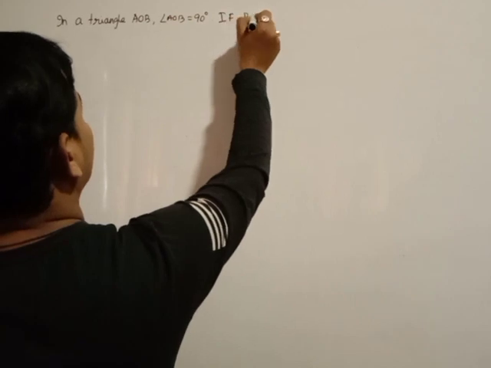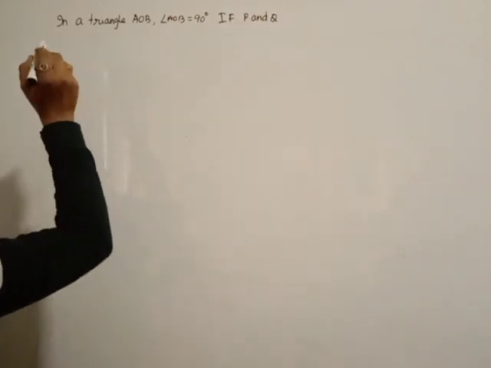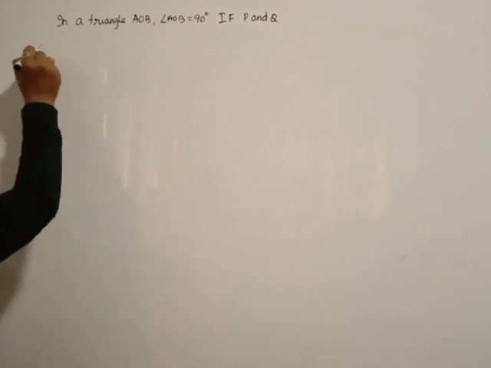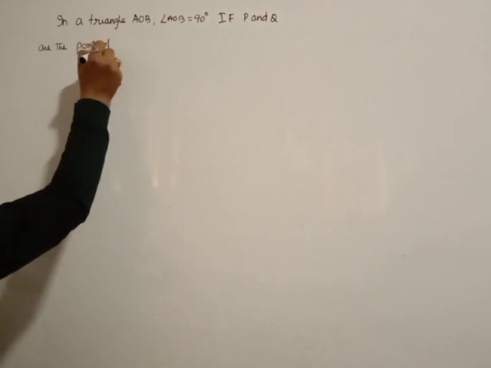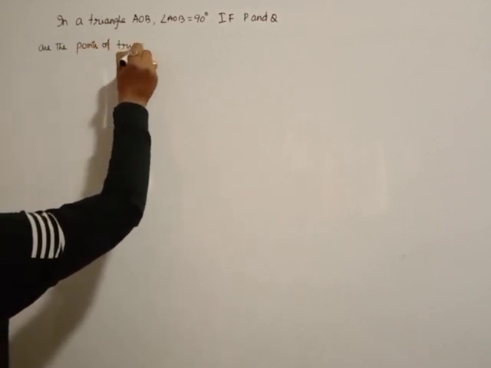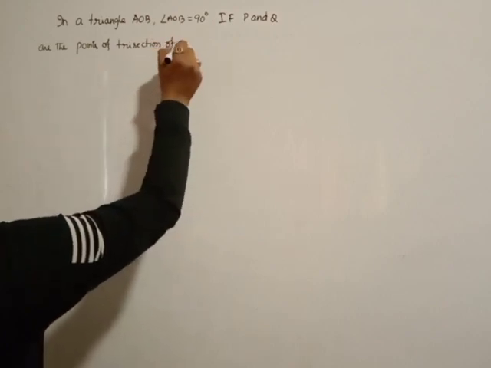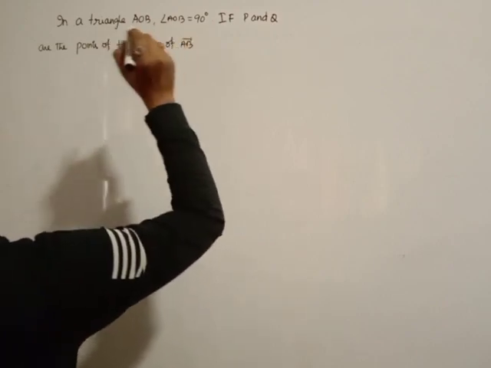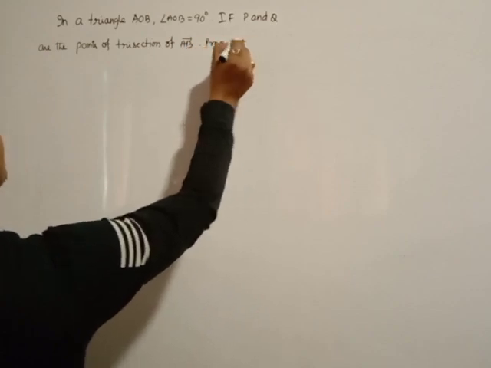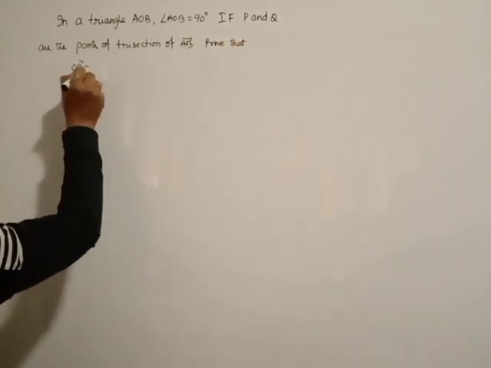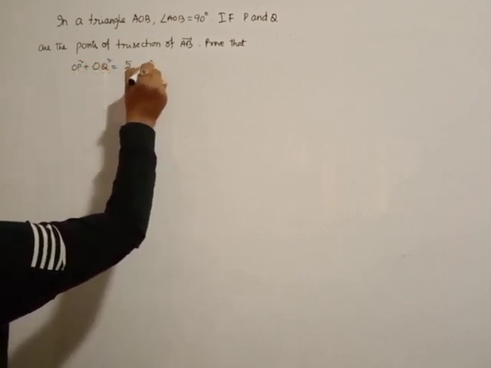If P and Q are the points of trisection of AB bar, prove that OP square plus OQ square is equal to 5 by 9 into AB square.